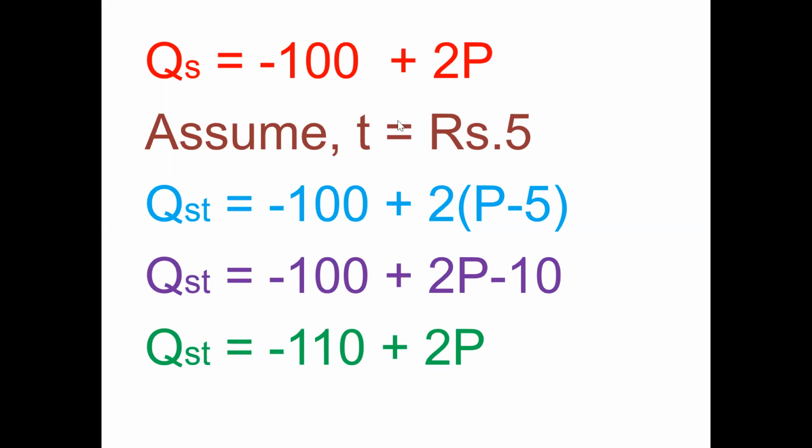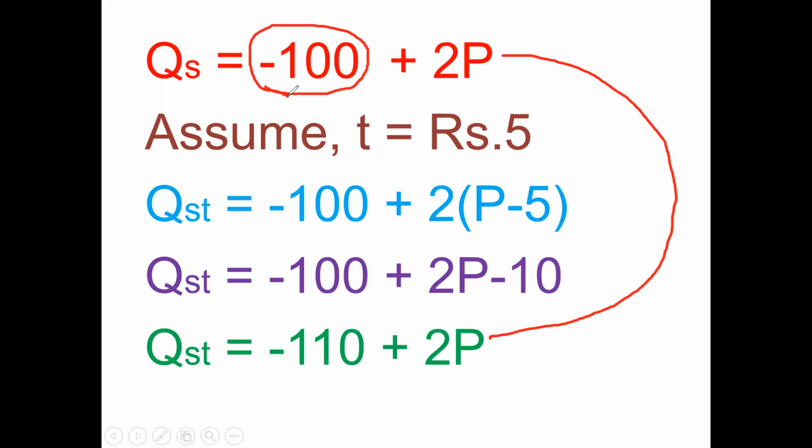Then compare the first equation and the last equation. When you compare these two, what has been changed? What has not been changed? Intercept has been changed. Slope has not been changed.